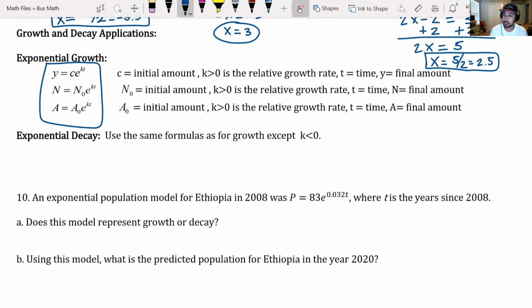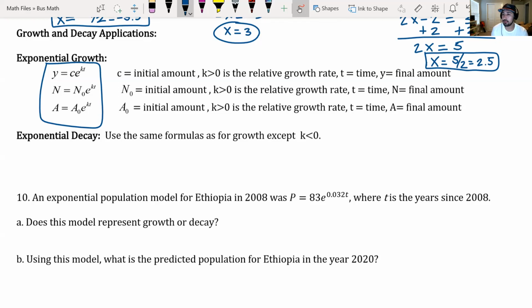C is your initial amount, just like on the second equation. N equals N initial times e to the kt. N initial is your initial amount. Third equation, A equals A initial times e to the kt. A initial is your initial amount.